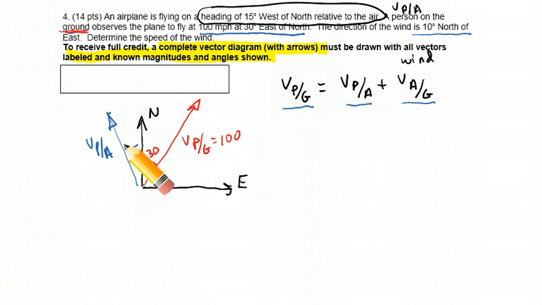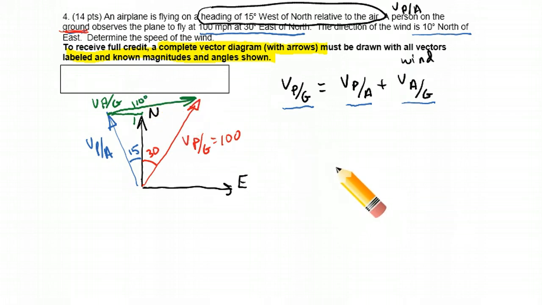We don't know the length of this vector, so it could be shorter or longer, but we know that the direction of the air with respect to ground is 10 degrees north of east. So there's east, so I've actually drawn it about right. And we know that angle right there.